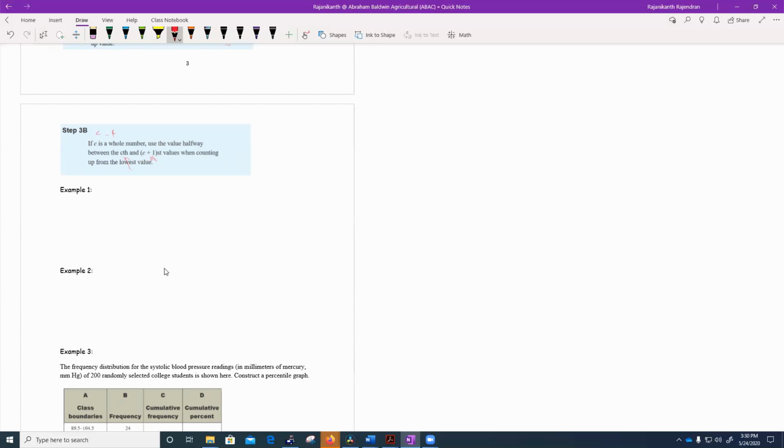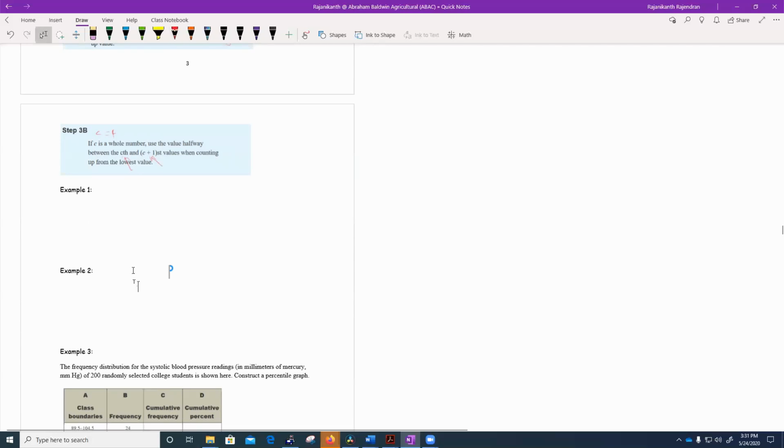If c is 4, then look for the data value at the fourth place and at 4 plus 1, the fifth place. Take these two data values, the fourth and the fifth, then find the average of those two, which is going to be your actual data value. Remember, your actual data value may or may not be in your data set, because we are rounding up, we don't know.